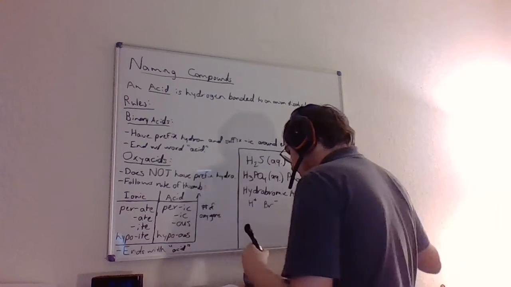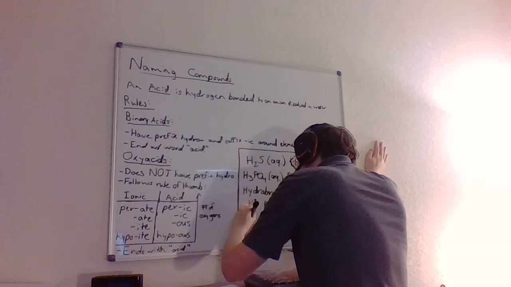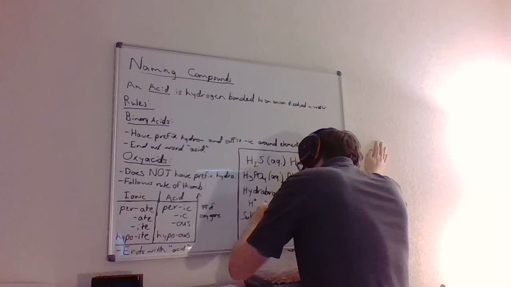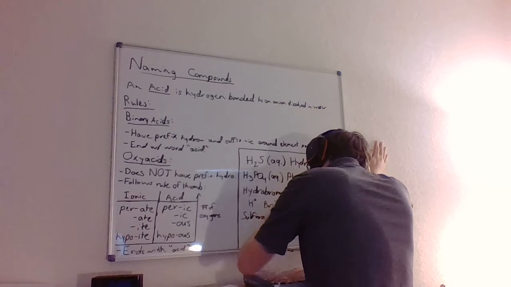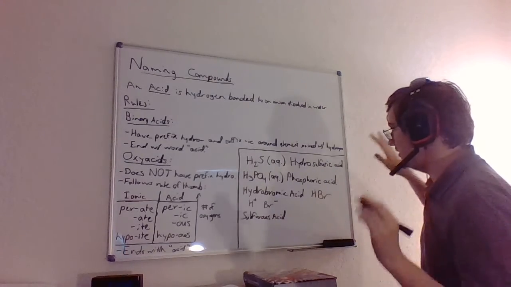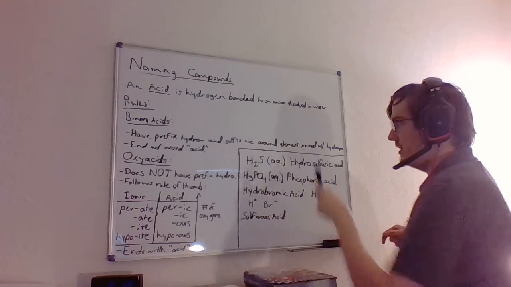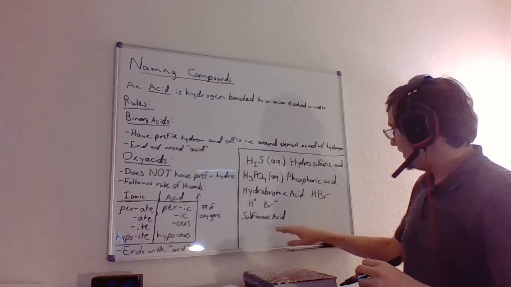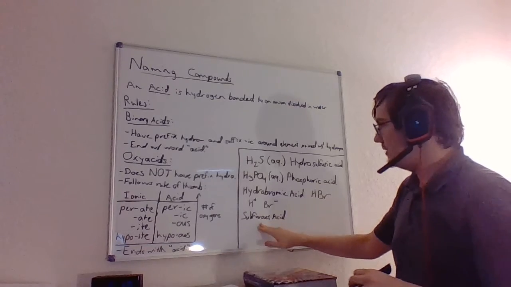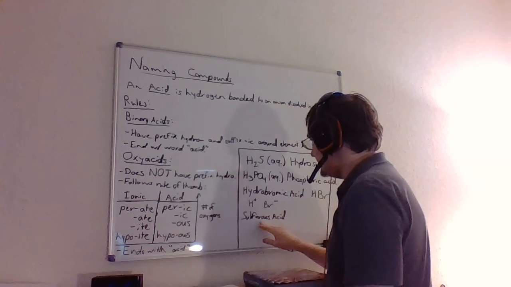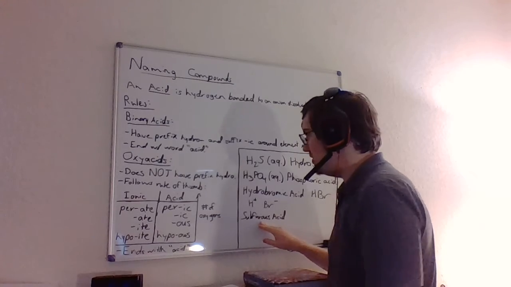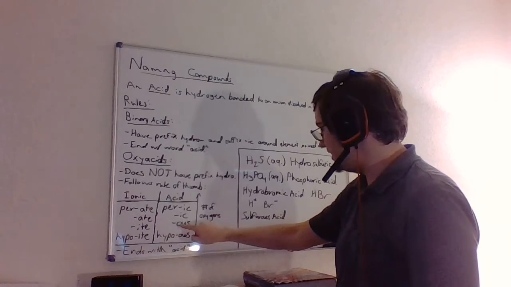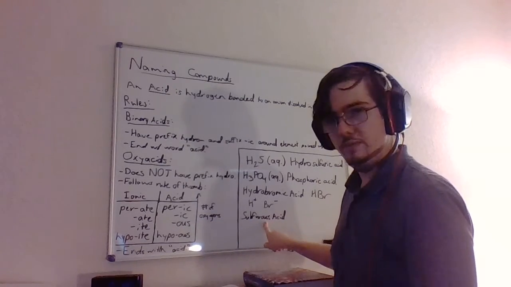Now let's do one more example. Let's say we were given sulfurous acid. Right away, we should realize this is an oxyacid, not a binary acid, because it doesn't have hydro. So it's an oxyacid, meaning that this is going to be somewhere on this table. And right there we see the ous, O-U-S, which matches ours.